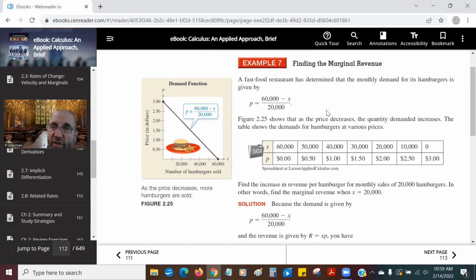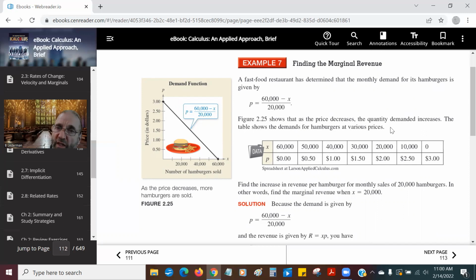Anyway, we have a fast food restaurant, and they determined that the monthly demand for hamburgers is given by this. So P is 60,000 minus X over 20,000. Figure 2.25 shows that as the price decreases, the quantity demanded increases.